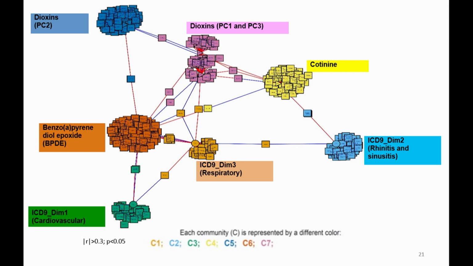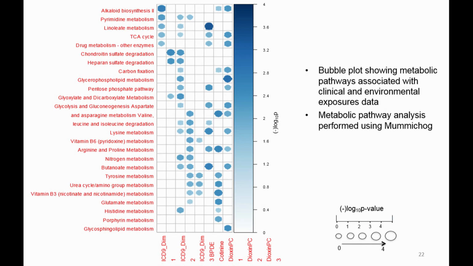So what we can do is, we can take the nodes in each one of these communities, and we can run pathway enrichment analysis to identify, for instance, which metabolic pathways are associated with each one of the ICD-9 dimensions, with the environmental exposures with cotinine and the dioxins and BPDE.